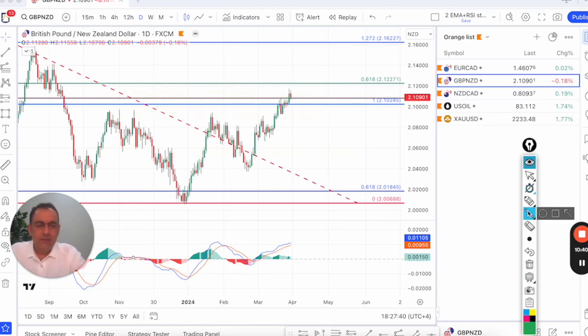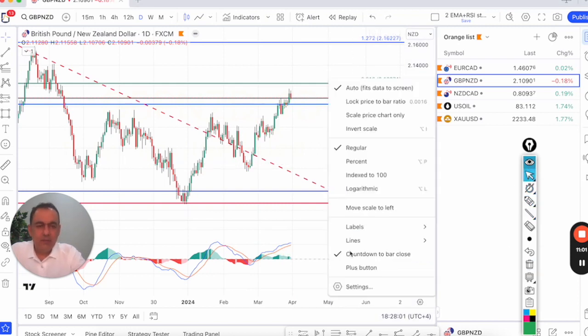So currently I can see that the histogram has started slowing down, but the MACD line is still bullish. So we can expect a short-term pullback, only short-term, and then we should plan to buy the dips for the next target at 2.16 followed by 2.20, derived from the higher time frame.